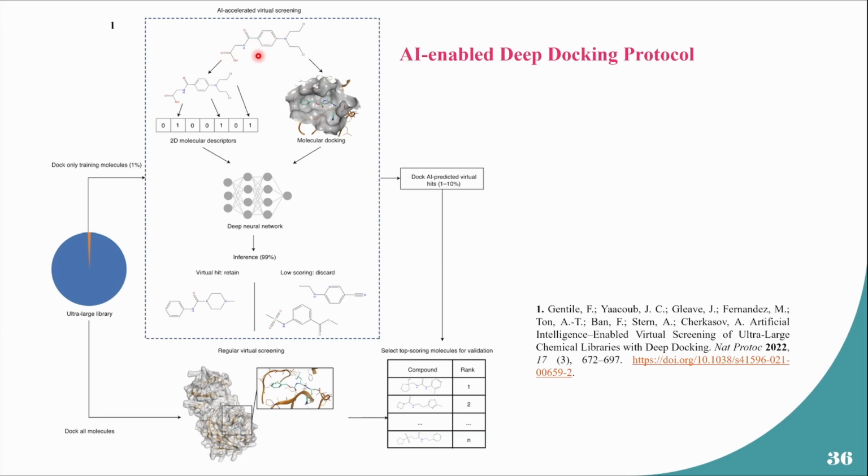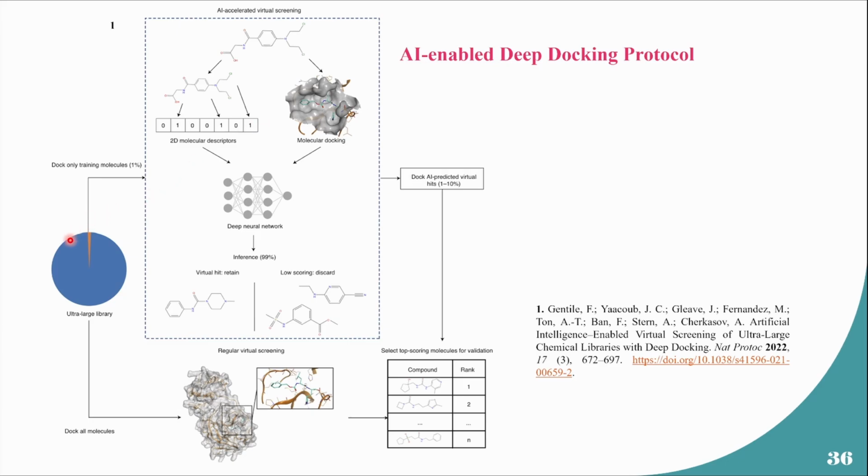So what they do is, from the 2D structure of the ligands, they generate 2D descriptors. These descriptors are basically parameters which explain some characteristic of the molecule. Here they have certain binary descriptors which all together describe the ligand.